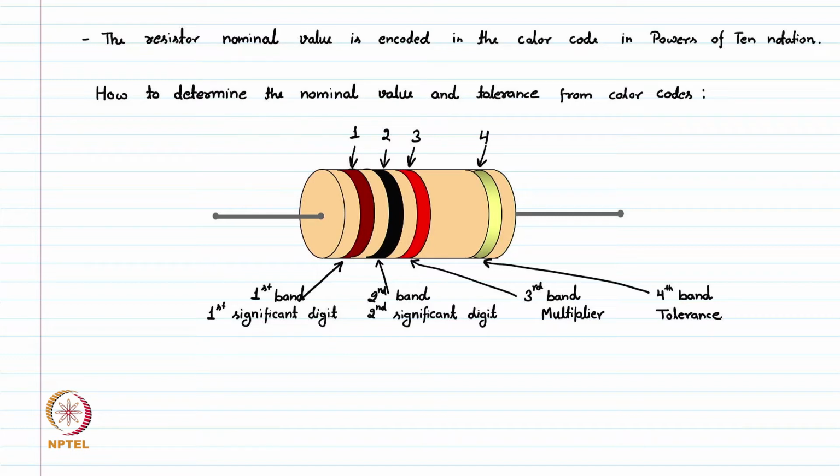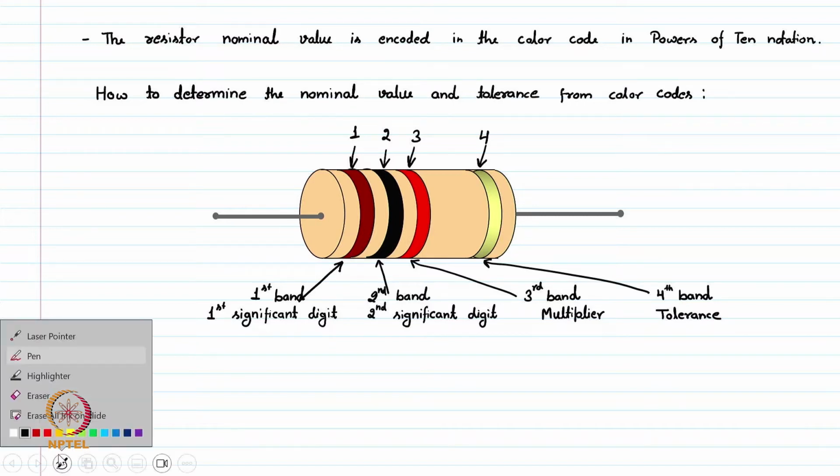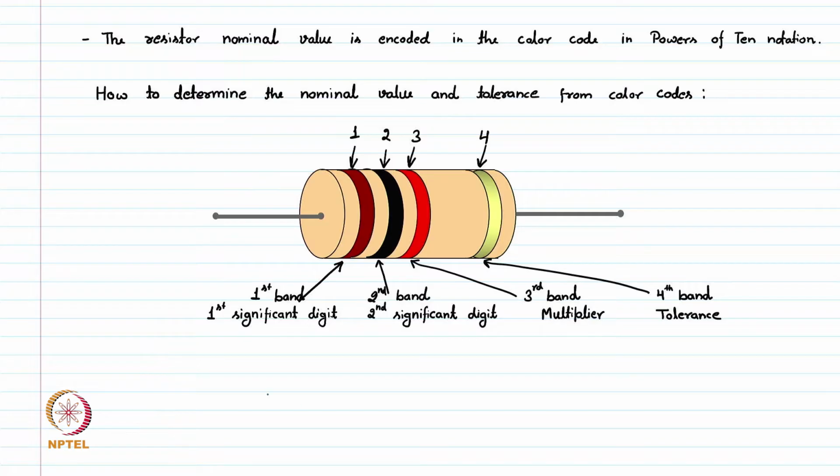Now, how do we determine the value of this resistance? The first digit comes from the first color code, the second digit comes from the second color code, and the third is the multiplier, which is 10 to the power of something.